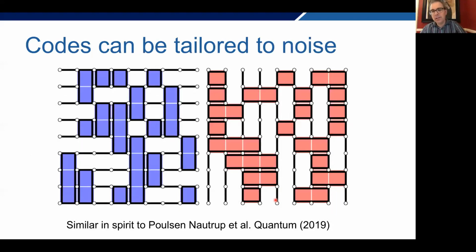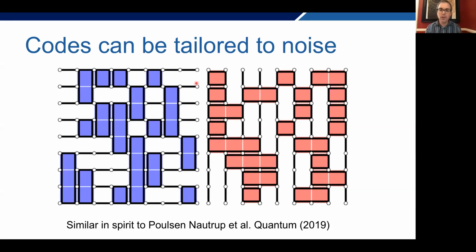The other thing that you can think about, which I think is very similar to some work done on what's the optimal surface code given errors that are not homogeneous in space, we can do the same thing. So places where we have more of these, in this talk, these red checks are always Z-type. These Z-type checks, we can have more weight 2 Z-type checks in a place where we expect more X errors.